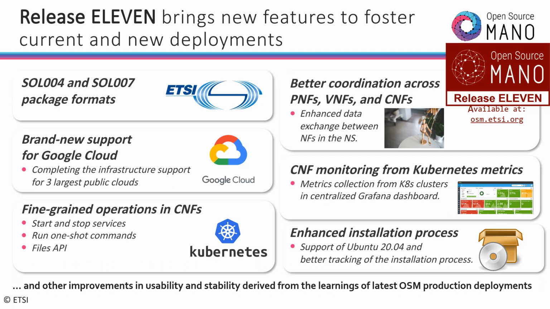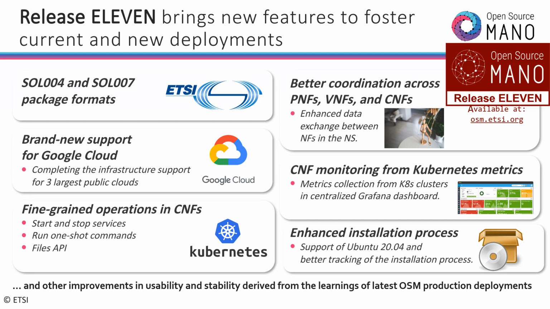I think that this is always achievable, but now you have all the tooling to achieve it easily, right? We have also improved the coordination across PNFs, VNFs, and CNFs. I won't spend much time because we have a full section devoted to this, illustrated with really good examples, I think.